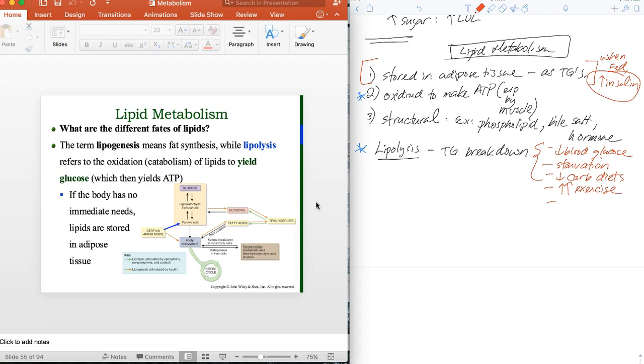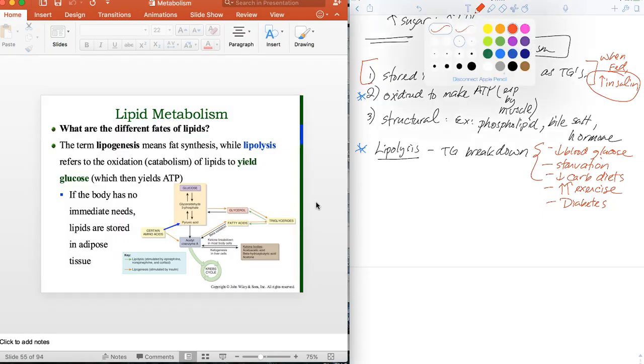And an interesting situation is diabetes. Diabetes is like you're at a buffet, but you can't eat any of the food because the insulin is not working, right? So the main energy source is glucose, but that can't be used. The body will then start to break down fats.